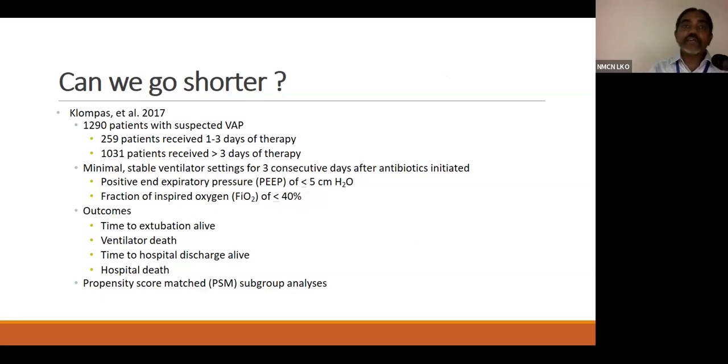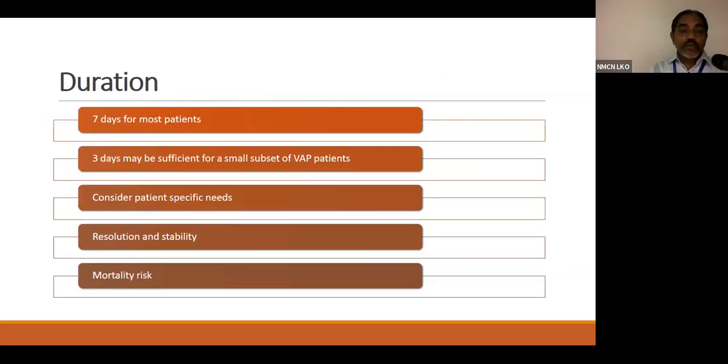However, it is too early to say that only 3 days of treatment for VAP is adequate. So for all practical purposes, the duration should be 7 days for most of the patients. 3 days may be sufficient for a small subset of patients, but same needs to be validated by larger studies.